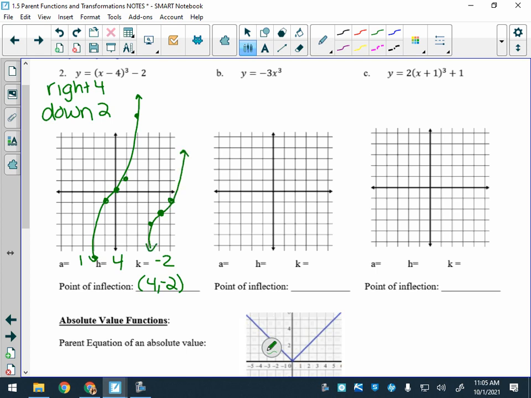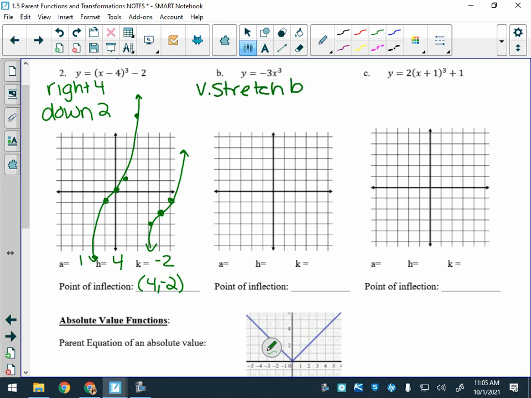How many of you did have that graph? Good. Awesome. Okay. In B, what are some of the transformations happening? What's 1 without even looking at A, H, and K? Josh. Good. Vertical stretch because of what number?